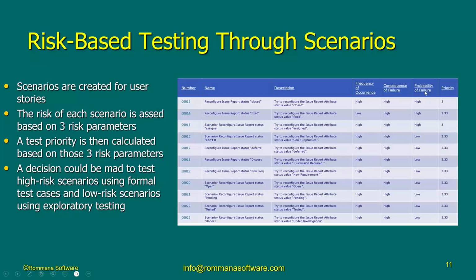Again, I don't have much time to explain those, but you can learn more about those in my webinar on scenario-based development and testing. So high, if you calculate the average, is 3. High, low, the average is 2.3.